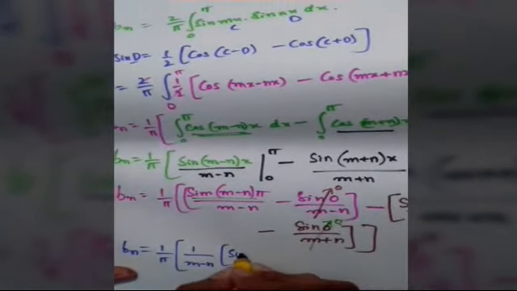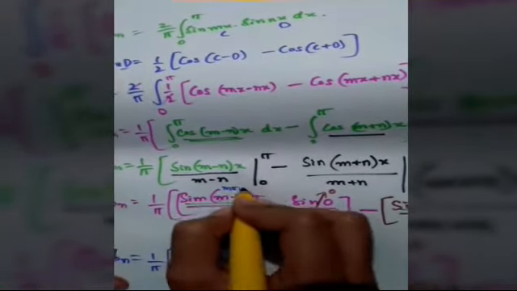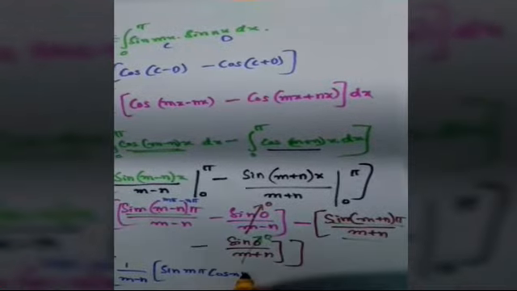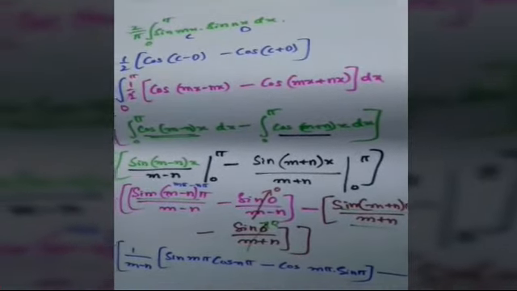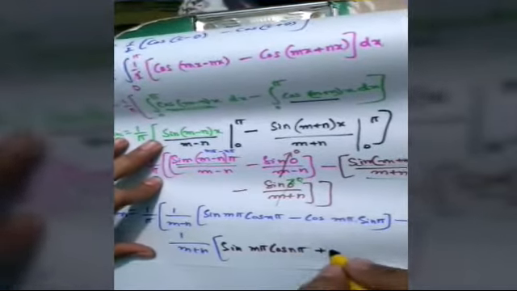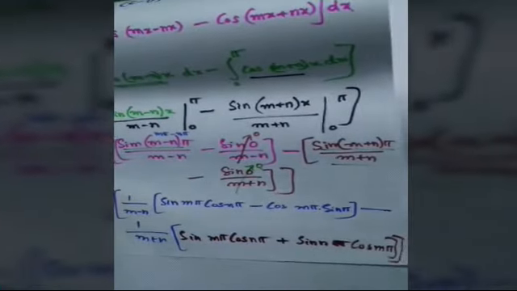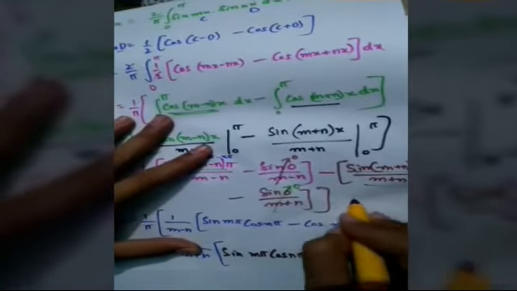Bn is equal to 1 by pi, 1 by (m minus n) sin (m pi minus n pi), sin a minus b is sin a cos b minus cos a sin b, minus 1 by (m plus n) into sin (a plus b), that is sin a cos b plus cos a sin b, sin m pi into cos n pi plus sin n pi into cos m pi.